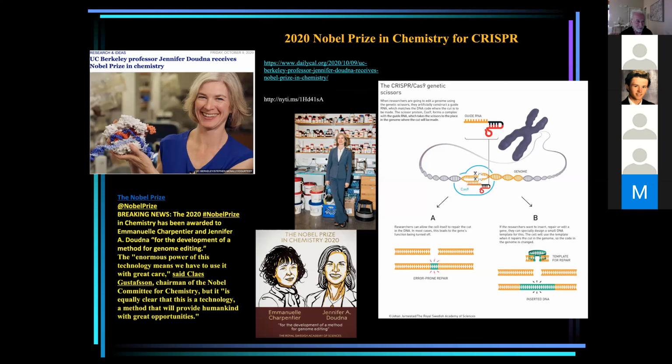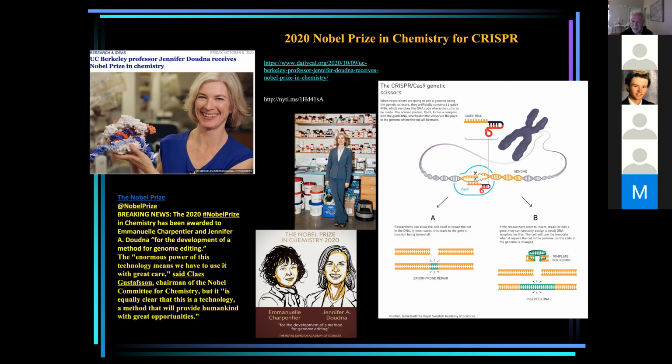So this woman, Jennifer Doudna from Berkeley, shared the Nobel Prize in Chemistry with a French woman named Emmanuelle Charpentier. So you just see pictures of them, of Jennifer Doudna in her lab and holding a space-filling model of a CRISPR-Cas9 complex. And just to remind you, the beauty of CRISPR is, first of all, its simplicity.